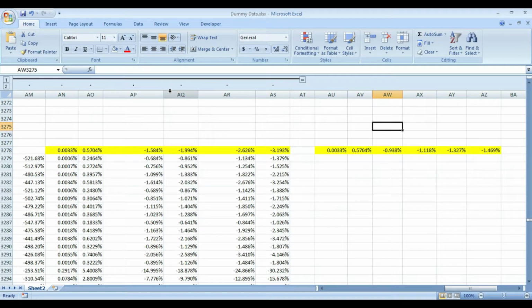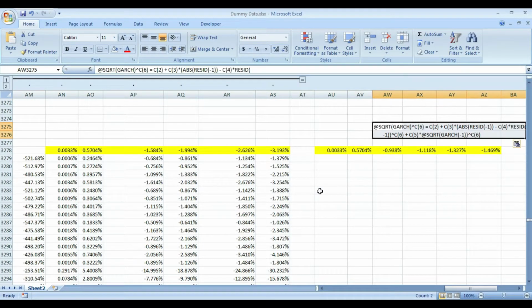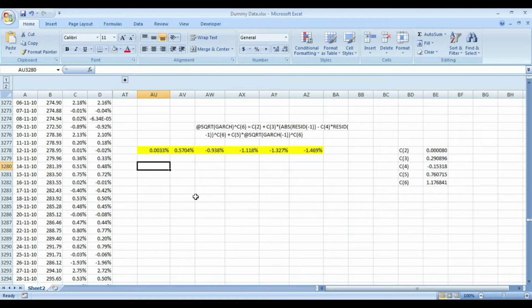Now let's copy our equation, which is this. Looks hideous, isn't it? So let's copy this, okay, paste it over here. Now we got our equation. So our equation implemented data will start from here, guys, this cell, right?